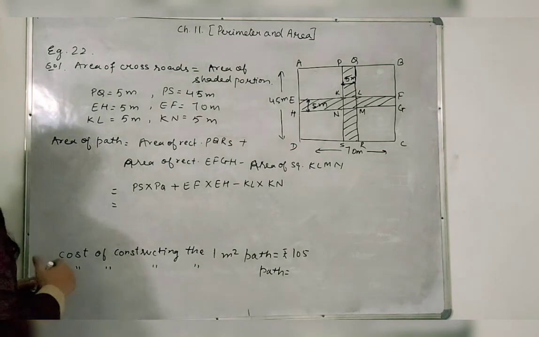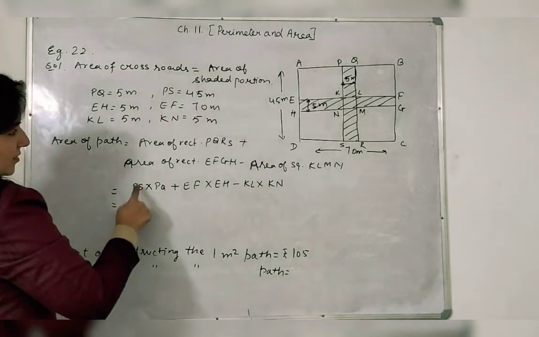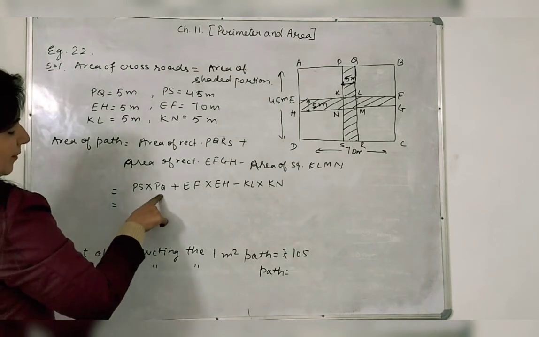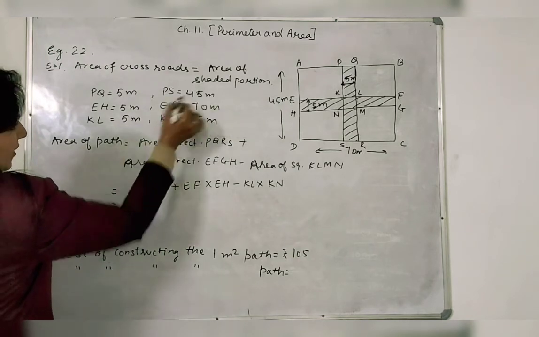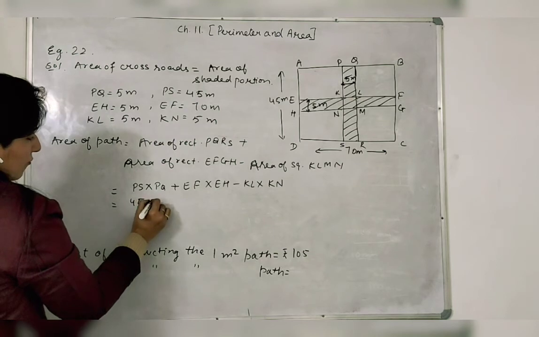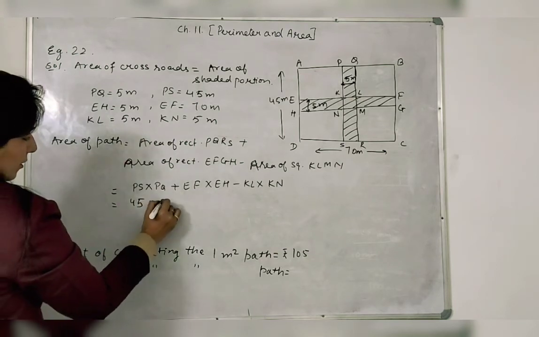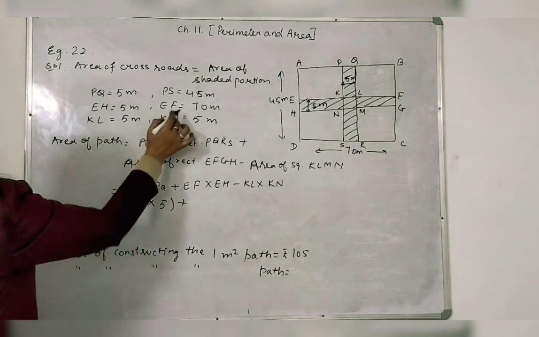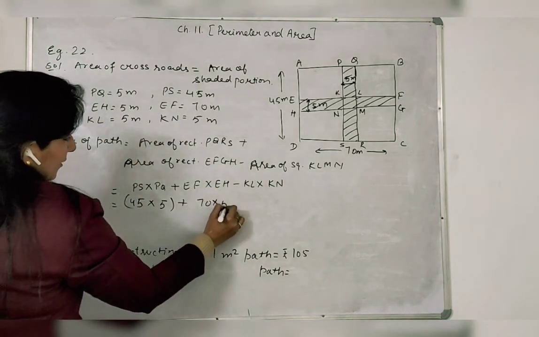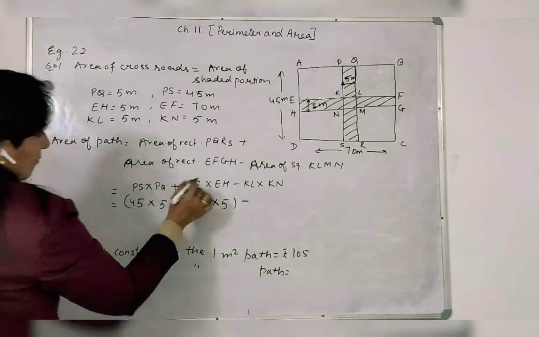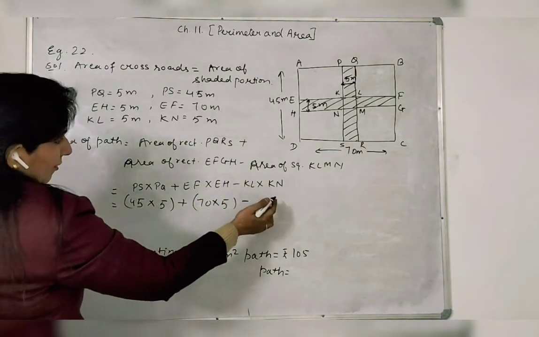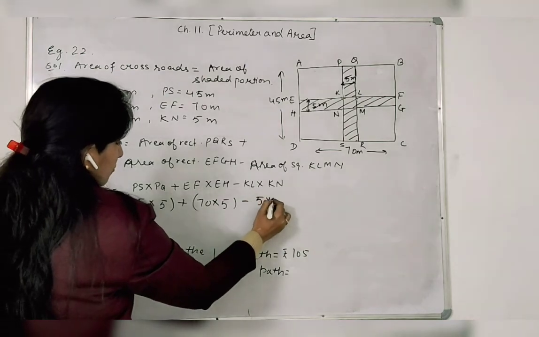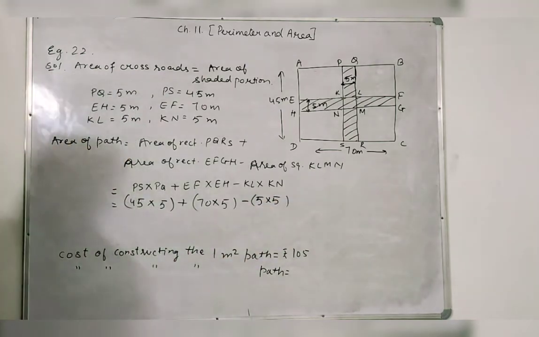Now the area of rectangle PQRS is length into breadth, PS multiplied by PQ. PS we have written here as 45. Now we are just putting the values, plus EF into EH. EF and EH we have written here, 70 into 5, minus KL into KN, or you can write KL into KL also, because this is a square. So 5 into 5. Fine.